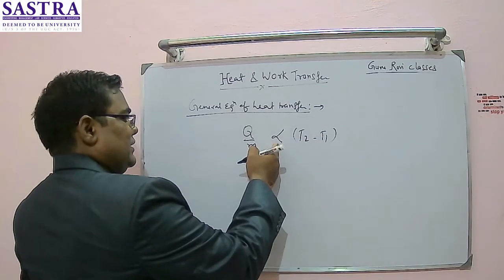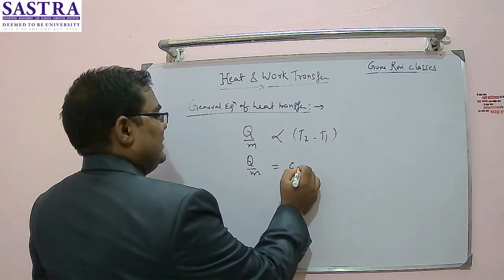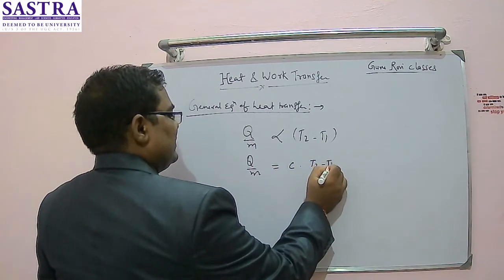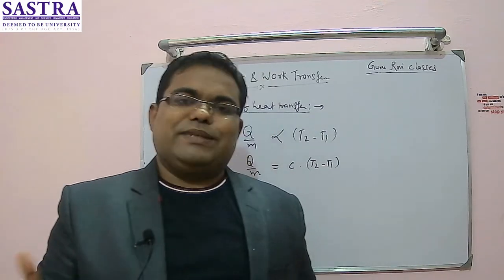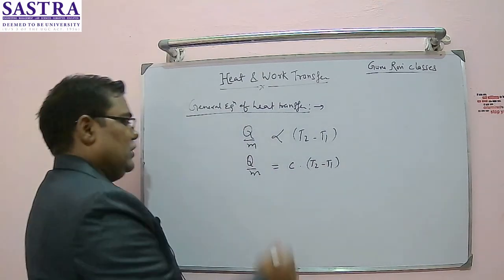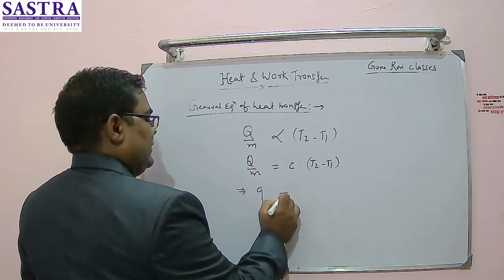If I remove the proportionality sign, I get a proportionality constant C, times T2 minus T1, where C is also known as specific heat.